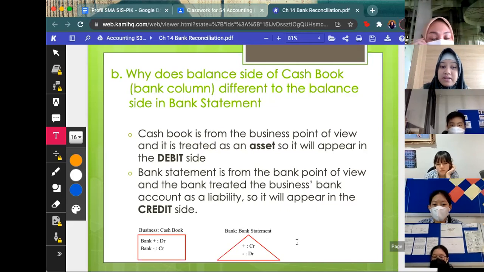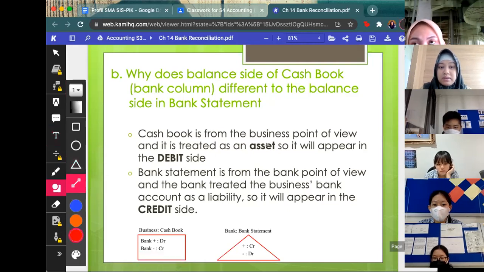Now, there is a reason for that. Why is it opposite? Because the cash book is from the business point of view. It is treated as an asset because it is owned by the business. So it will appear in the debit side as positive and the credit side as negative.